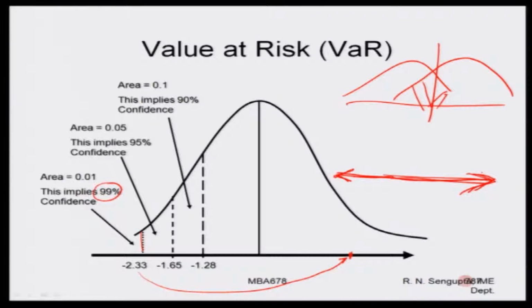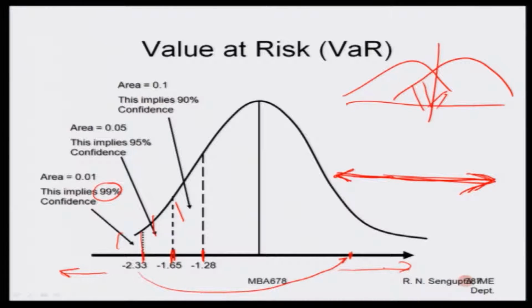You can do the nomenclature accordingly, but in this problem, the VaR values are given for 90%, 95% and 99%, and the overall area which you are considering, based on which you will predict the overall loss, is on the left hand side of this diagram. That means losses are increasing in the monetary sense as you go to the left, and if you go to the right, it will be gains.